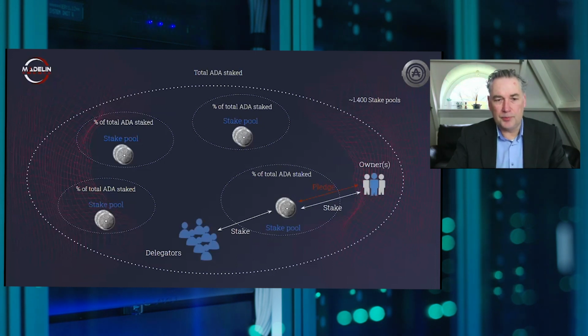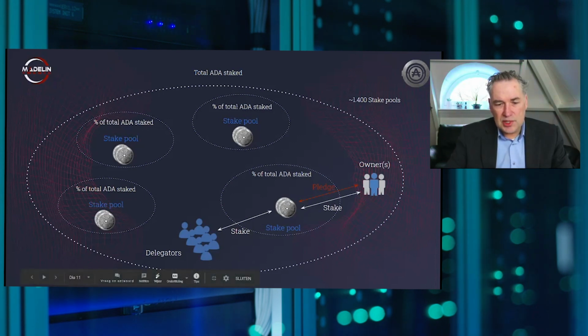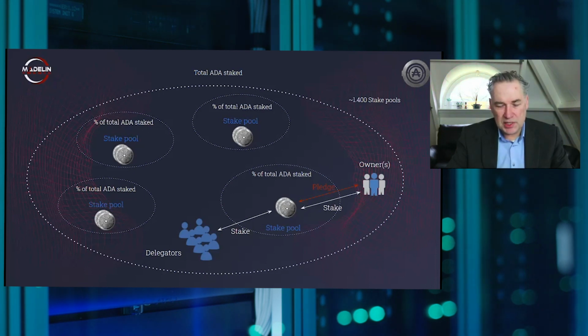Okay, next slide. So we are talking about delegators, and those delegators are staking their ADA into a stake pool. The owners of the stake pool initiate the stake pool and put pledge in it. And pledge is basically skin in the game of the stake pool owner.